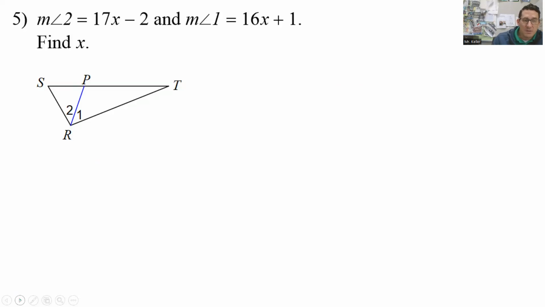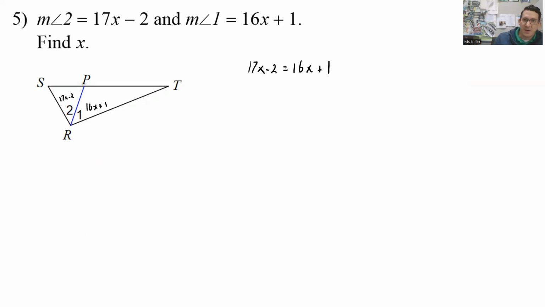Right. Next one here. This one is a little bit trickier. So we have measure of angle 2 is 17x minus 2, and measure of angle 1 is 16x plus 1. Since this is an angle bisector, 1 and 2 are equal to each other, so we set those expressions equal to each other and then solve for x.